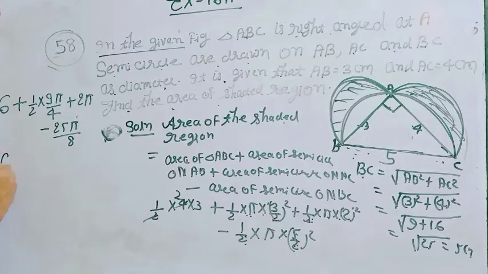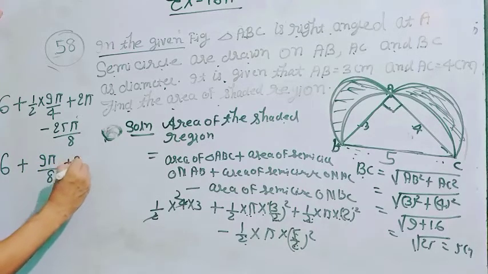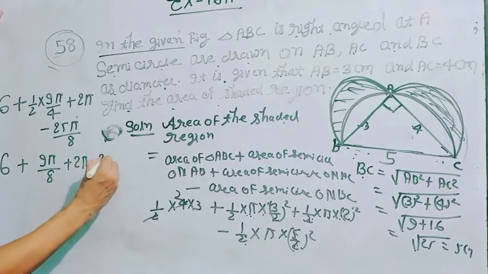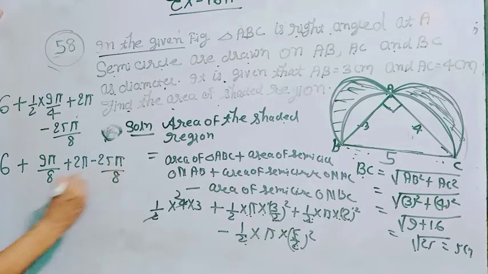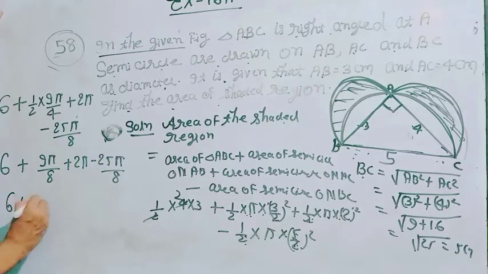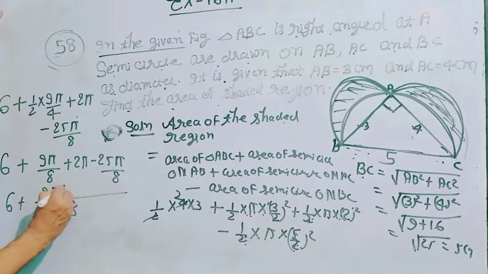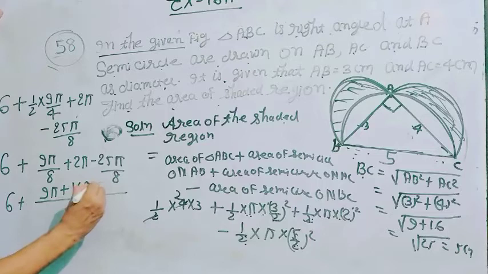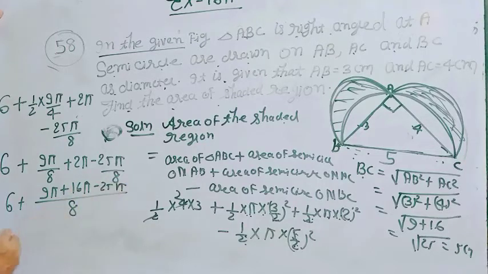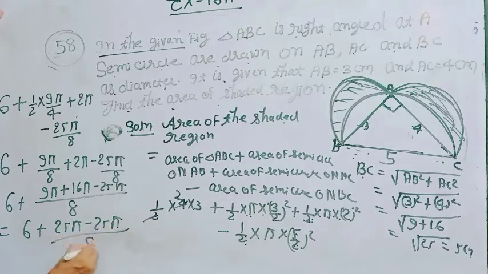So what you get now? 6 plus 9 pi by 8 plus 2 pi minus 25 pi by 8. 6 plus, calculating with 8, it is 9 pi plus 16 pi minus 25 pi by 8. Here it is 6 plus 25 pi minus 25 pi by 8.